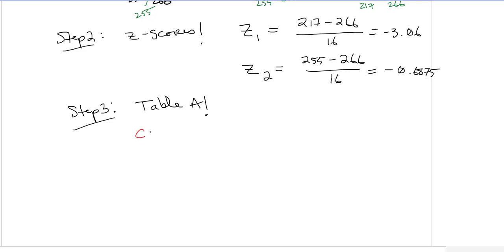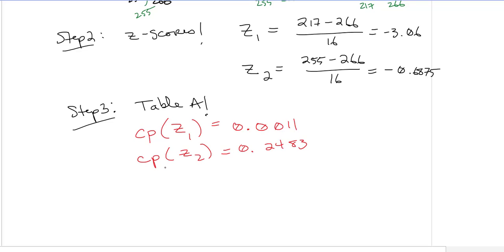So the cumulative proportion for Z1 is equal to 0.0011. And the cumulative proportion for Z2 is 0.2483.